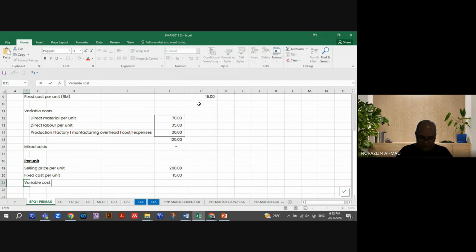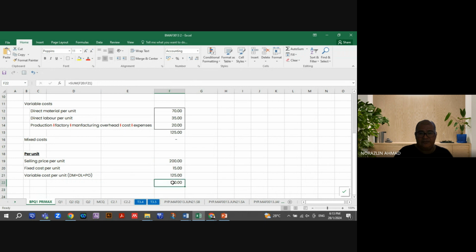Variable cost per unit: this is direct material plus direct labor plus manufacturing overhead. In the question, they put production overhead. All this is 125. So the total cost for this one is 140.